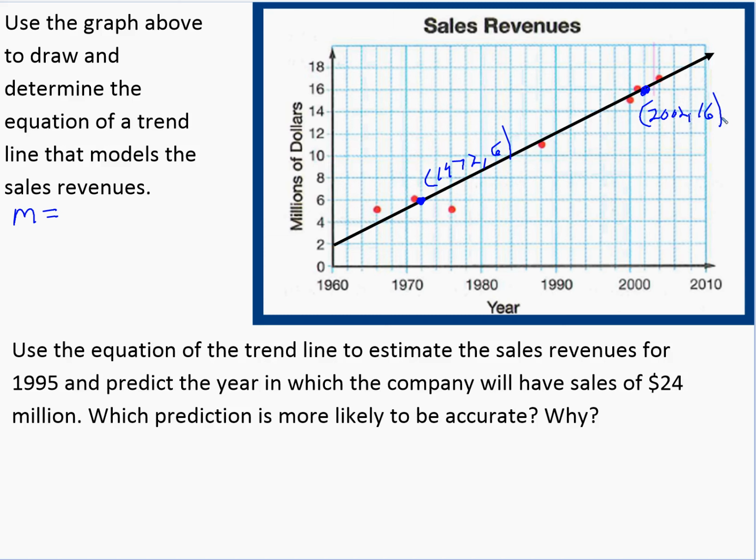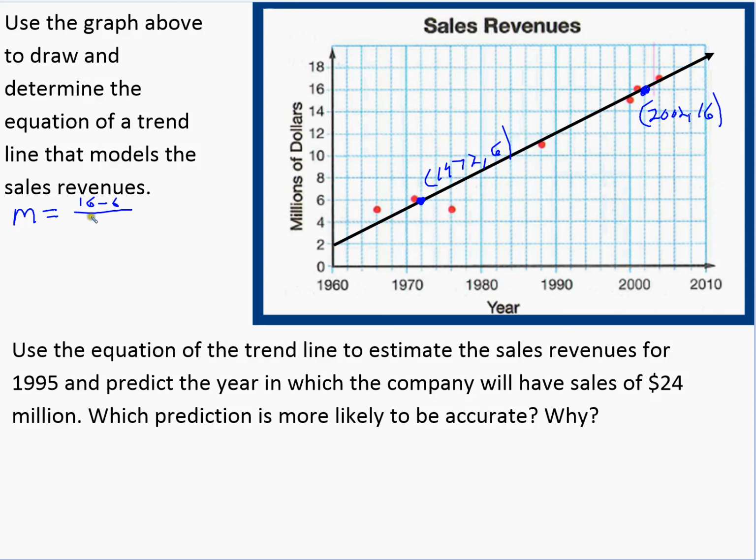To find the slope, we do the y values: 16 minus 6. That's the difference in the y values, so y sub 2 minus y sub 1, and then 2002 minus 1972.